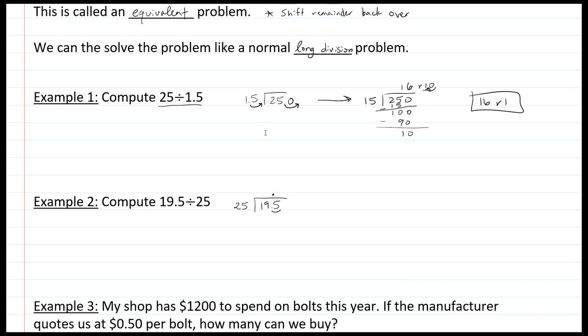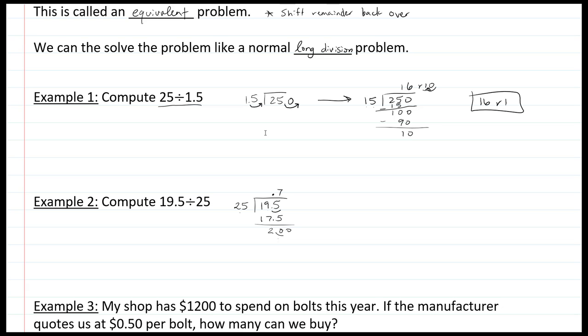So 25 goes into 195 7 times. So 25 times 7 is 175, and the decimal place goes here, and we're left with 2.00. So 25 doesn't go into 2. If we shift it over by 1, 25 doesn't go into 20.